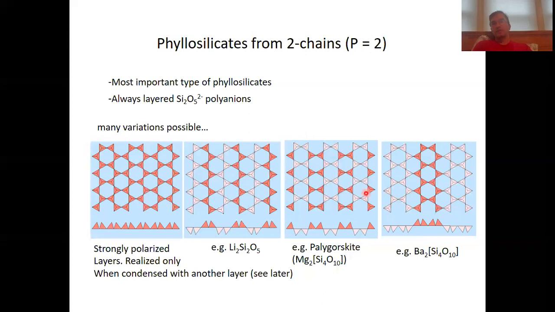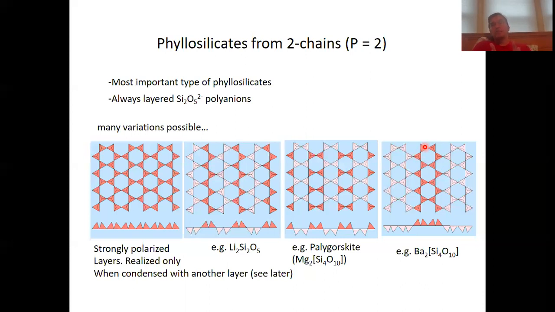All right, so here's one last example. So in this example, we again have chains in which all SiO4 tetrahedra either point up or down. Okay, so in these white chains, again the tetrahedra point down. In these red chains here, the tetrahedra point up.